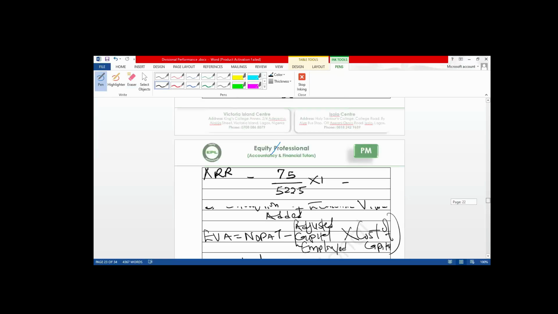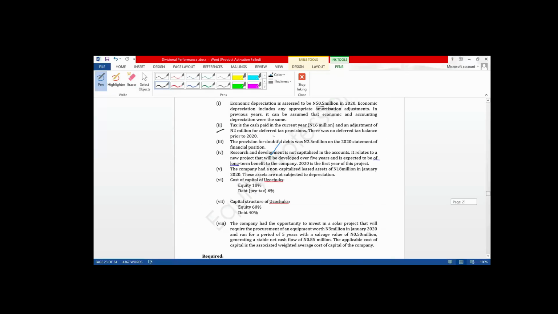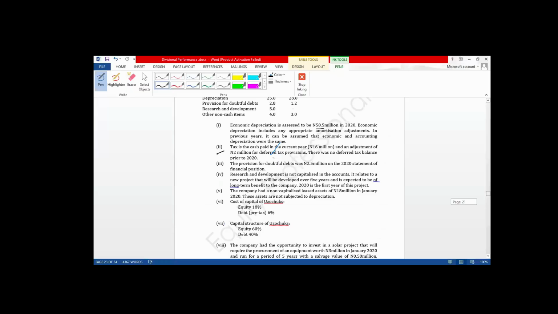Development cost was incurred in 2019. The amount is 5 million.